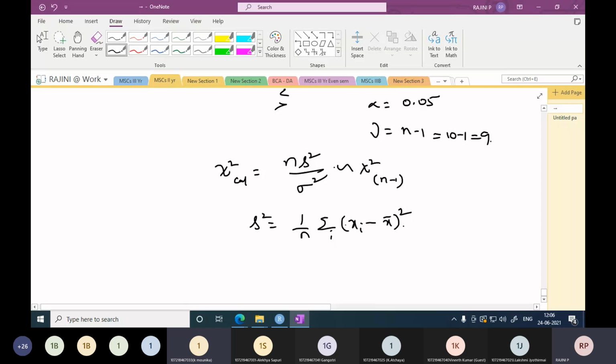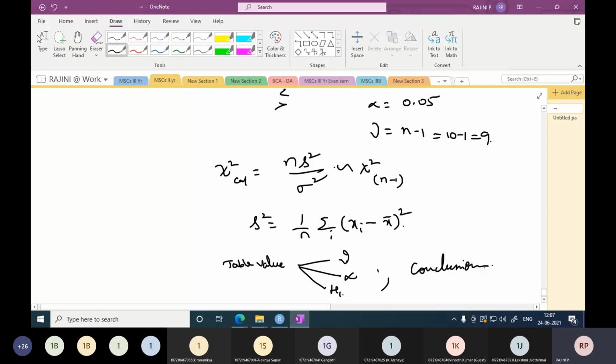After this, you go for the table value. The table value depends on the level of significance, the degrees of freedom, and the alternative hypothesis. Next, we'll go for the conclusion. I hope everybody understood the procedure, right? Yes, ma'am.